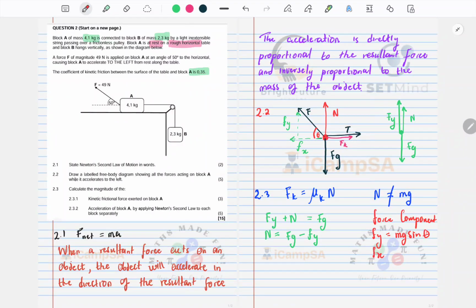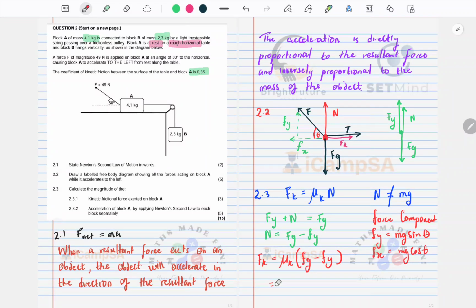Then Fx equals mg cos theta, right? These force components, you should remember that. So then we come here, we have this mu K, then our normal force is Fg minus Fy, like this, right? So we've got all of this.